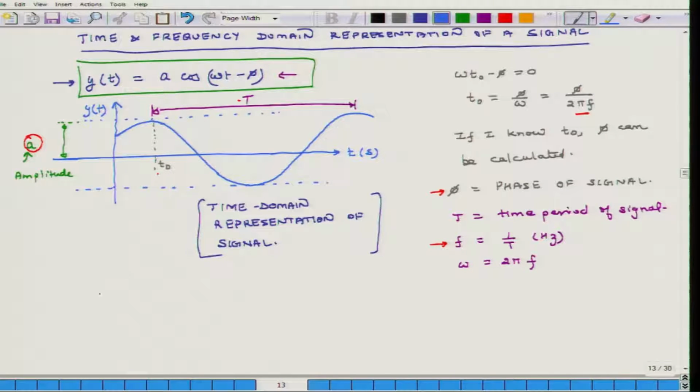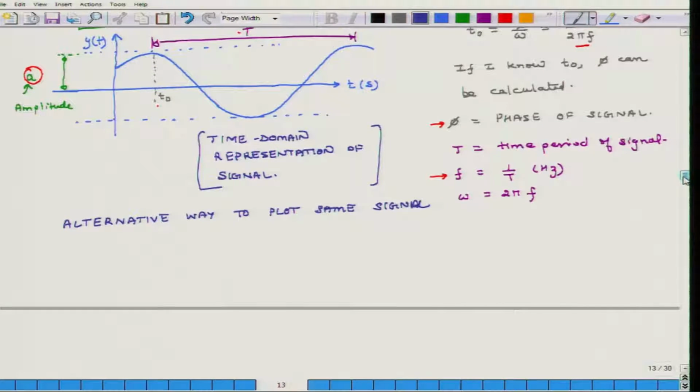So, let us look at an alternative way to represent the signal. Okay. So, what is this alternative way?